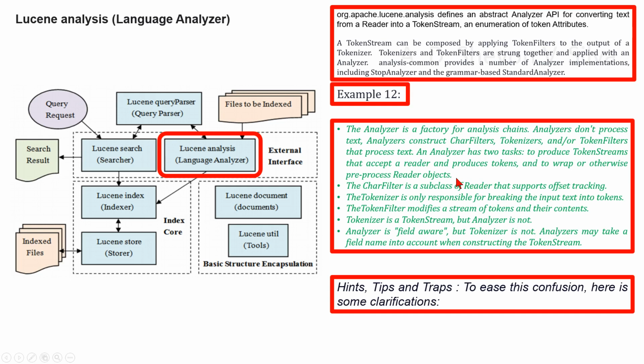The analyzer is a factory for analysis chains. Analyzers don't process text. Analyzers construct char filters, tokenizers, and token filters that process text. An analyzer has 2 tasks: to produce token streams that accept a reader and produce tokens, and to wrap or otherwise pre-process reader objects.